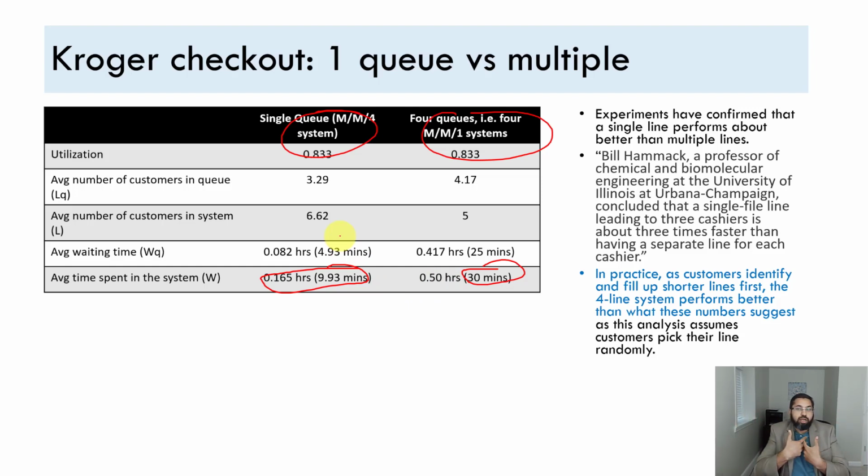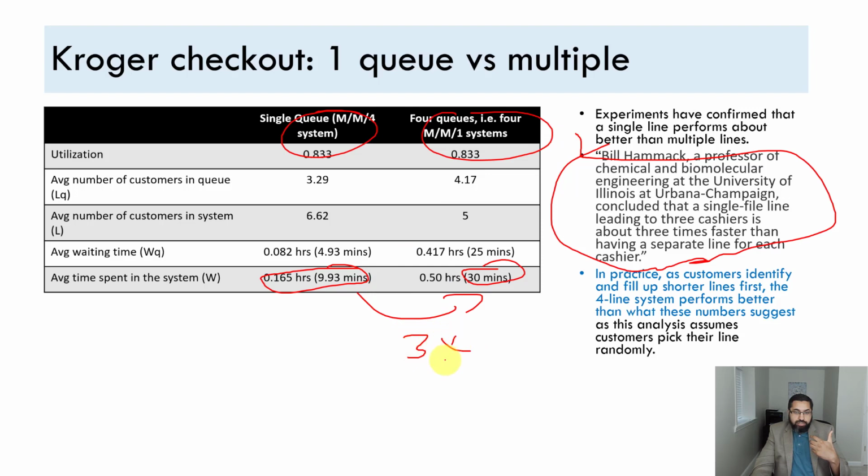There should be no difference. But our calculation shows there is a difference, simulation shows there is a difference, and real life experiments show there is a big difference. Now, is the difference really going to be 3x for the time spent in the system? Not necessarily. In practice, if people switch lanes and smartly pick lanes, because this assumes people pick a lane randomly, right?